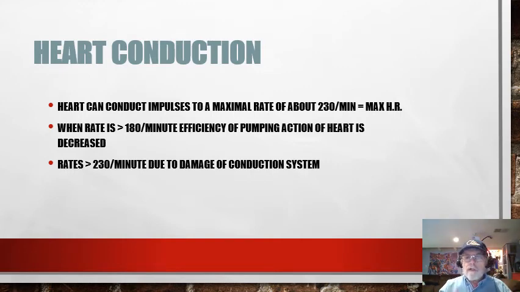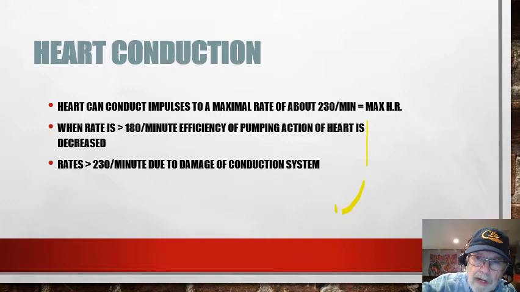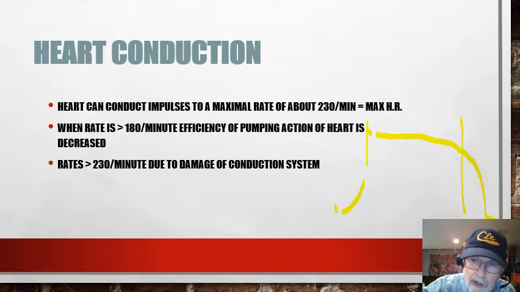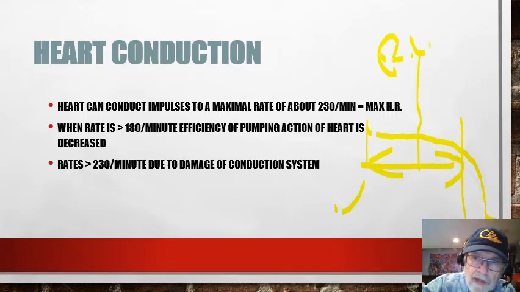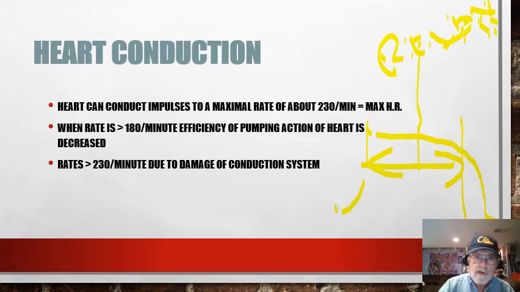So there's always a little bit of a relaxation period after that contraction. And you've got to remember that when I looked at the action potential of a cardiac muscle, we had that high uptake, and then we had that long area where we have what's called an absolute refractory period, where the muscle can't be contracted. During that period of time, it's relaxed, and that allows that chamber to fill.